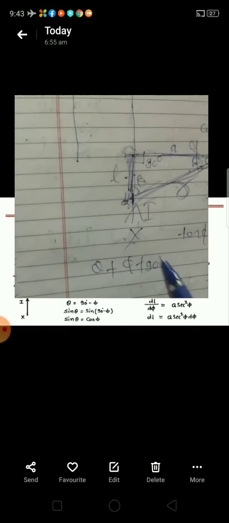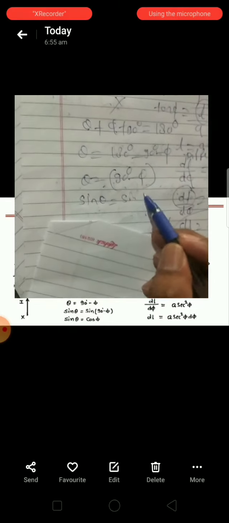Last one is how to find the angle, sin theta. I have taken it as cos phi. How can I take cos phi? Look at here, this is the interior angle, the sum of interior angles is equal to 180 degree. That's why this angle is theta, plus this angle is phi, plus this angle is 90 degree, and the total is 180 degree.